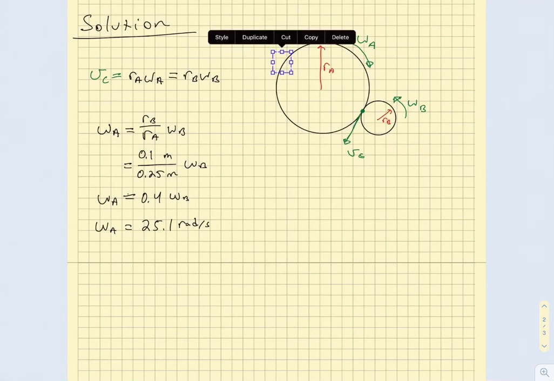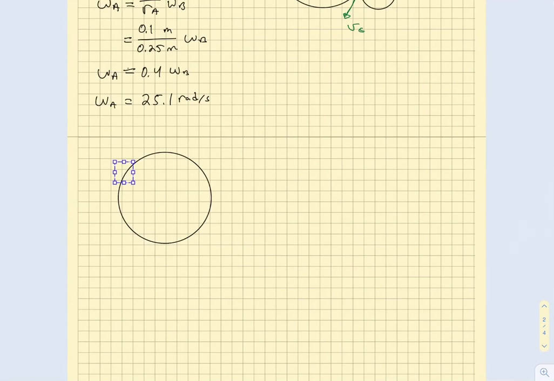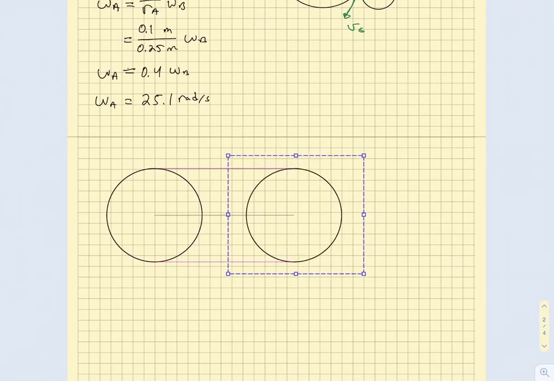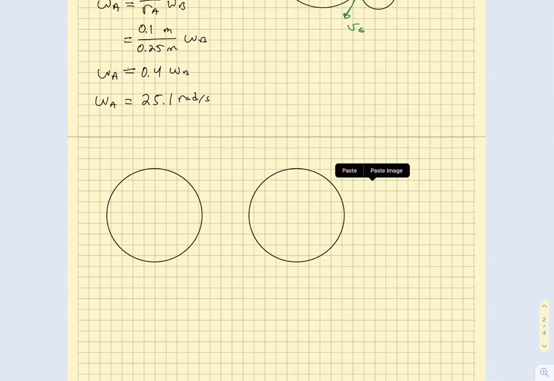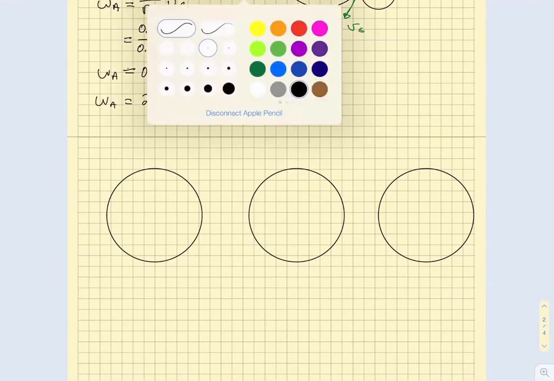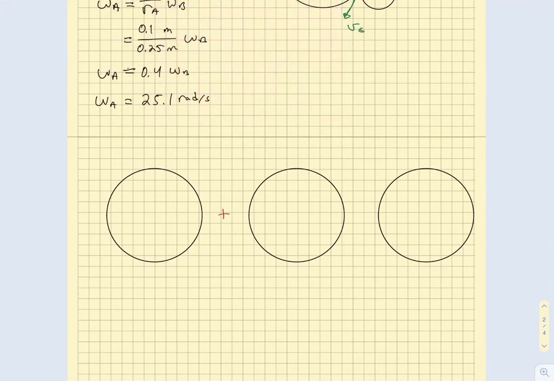This is what we're going to be ultimately going for, but let's first break this down into the momentum equation for each of the gears. So I'm going to take this thing here.